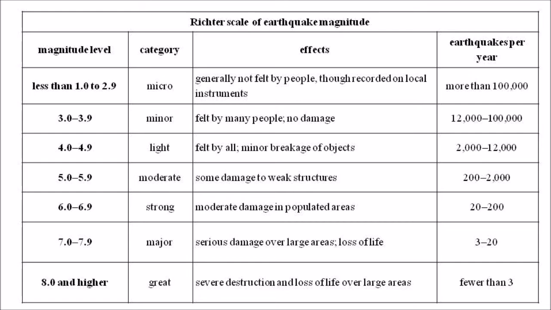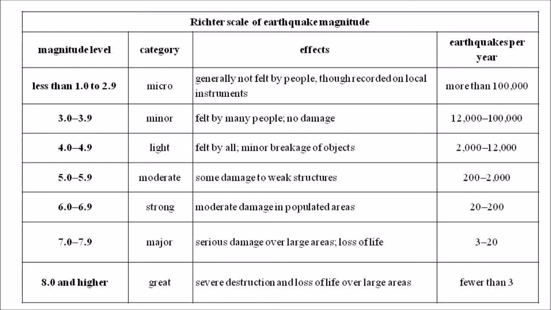Earthquakes between magnitude 6 and 6.9 are categorized as strong earthquakes, and these may cause moderate damage in populated areas. In a year, between 20 and 200 strong earthquakes may happen.